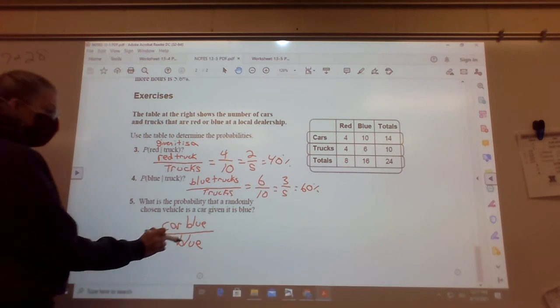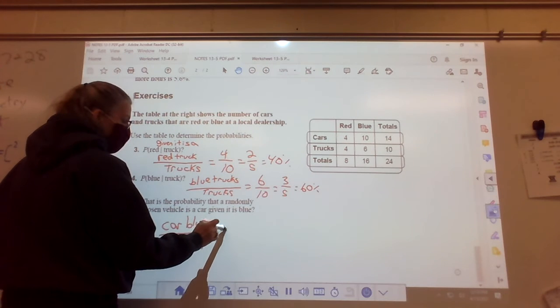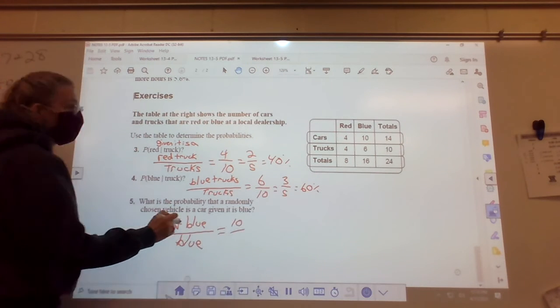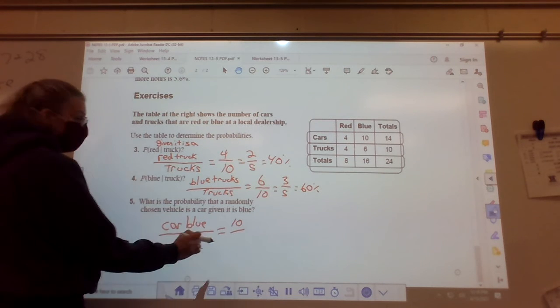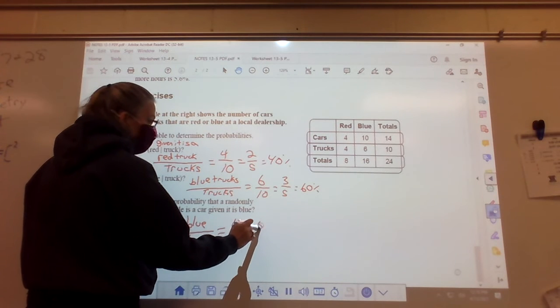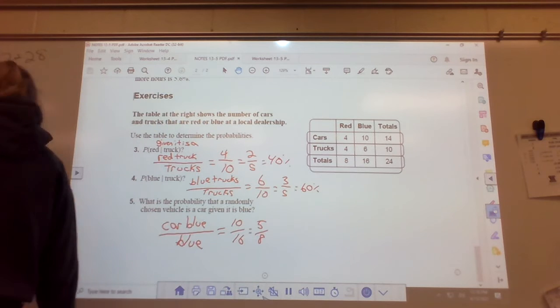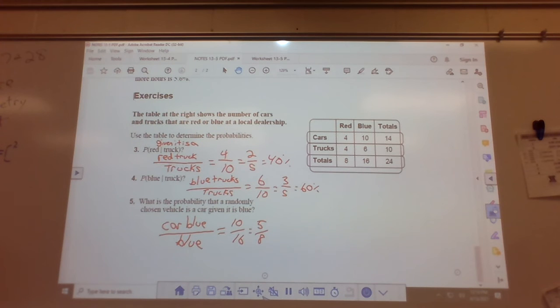So 10 on top. Out of blue, how many blues are there? 16. Which is 5/8. Now, like I said, typically on the state test, they ask one of these. This is normally how they're worded.